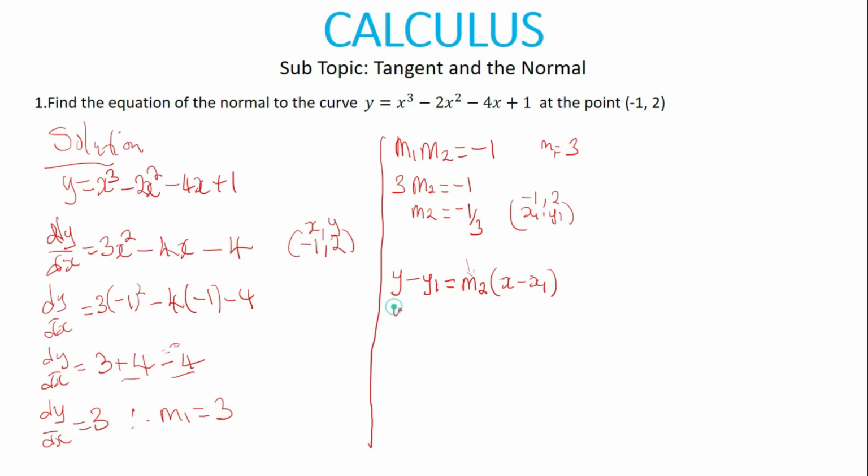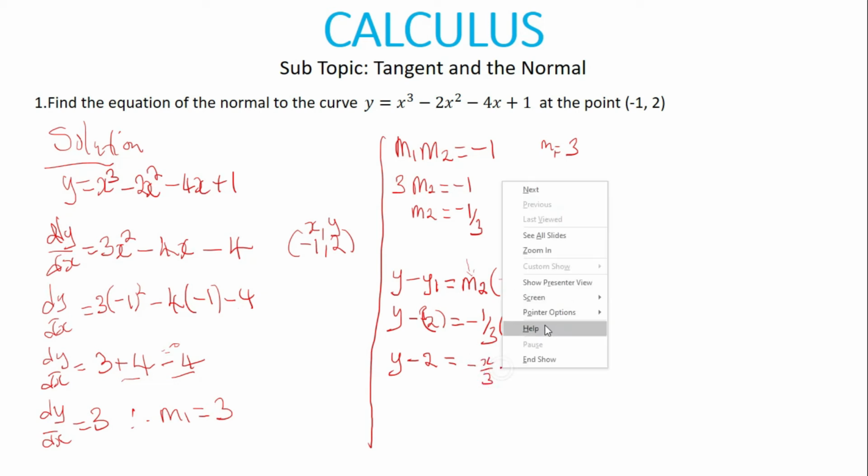So now we are saying y minus y1. What is your y1? Your y1 is 2, so you put 2 here, is equals to, what is your gradient, which is m2? It's -1/3 over x, minus what is your x1? It is -1. Then here you just have to multiply, which is -2 is equals to this times that, it's negative x over 3.